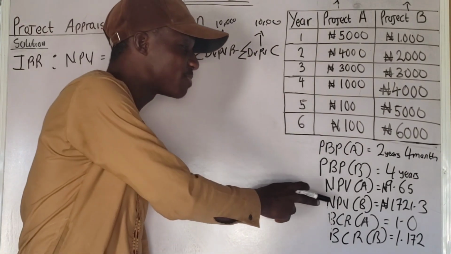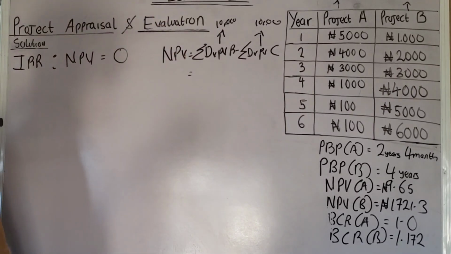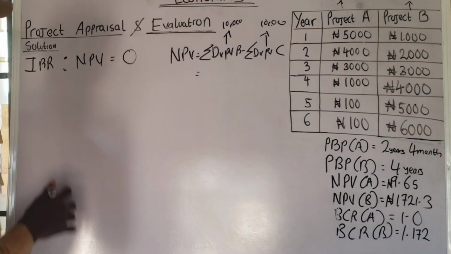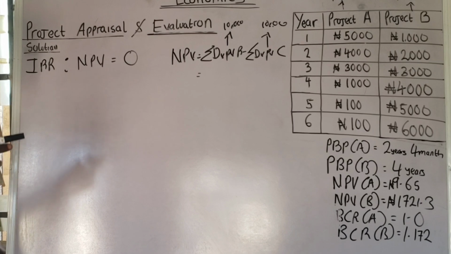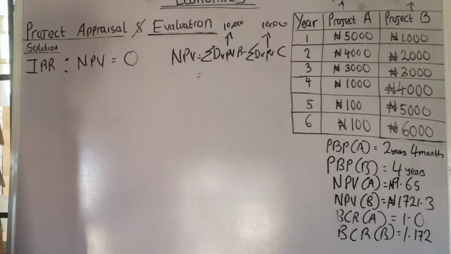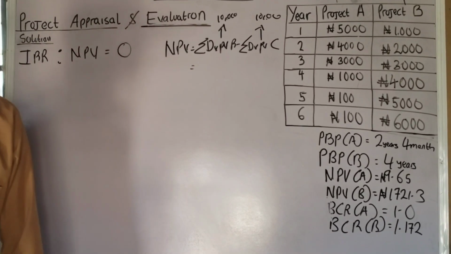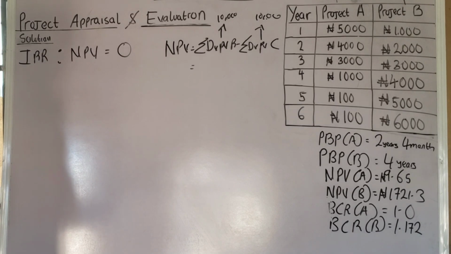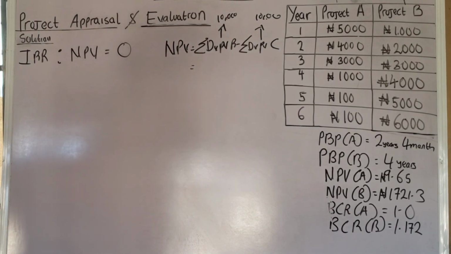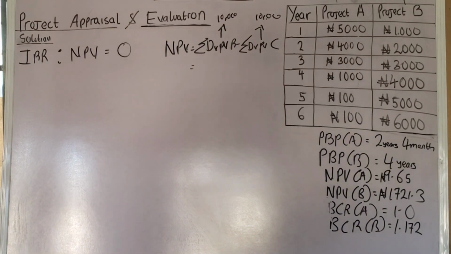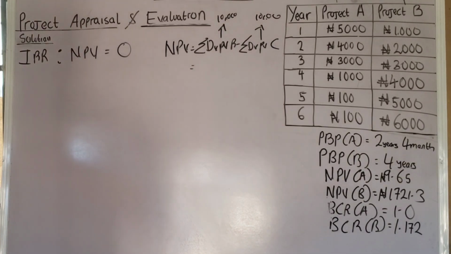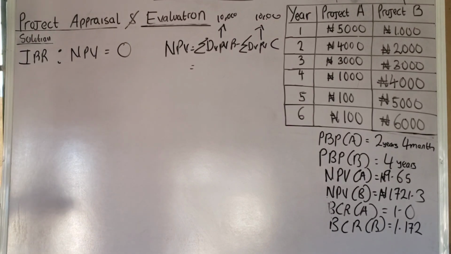But if you check project B, we got 11,721.3. So when we are dealing with IRR, we are going to have more than one rate. You understand? Are you paying attention? So the discount rate at which the present value equals the initial cost outlay, that rate is what we call the internal rate of return. Do you understand? That is why we have more than one rate.